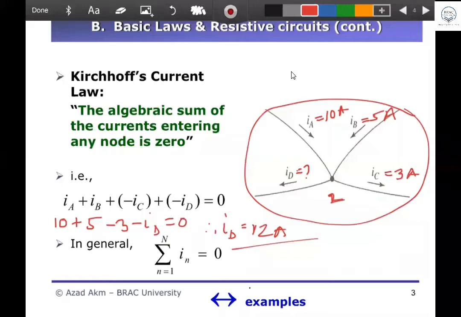So now this is the Kirchhoff's current law you all studied a long time ago. Now you can consider according to the direction, and the values can be different. For example, I can give you an example, then you can understand it.